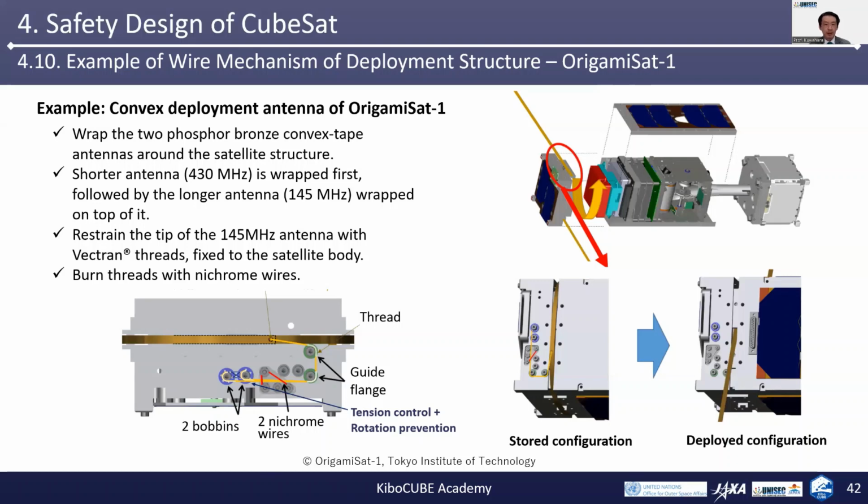Also, you can see some guide flanges as mentioned in the requirements. I hope this can provide you with practical information about the implementation of deployment mechanisms for your CubeSat.